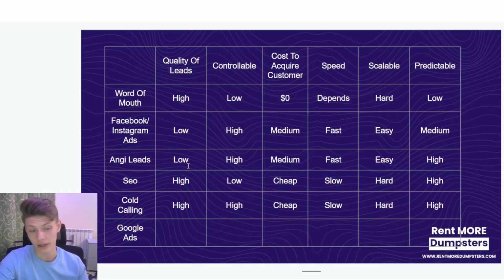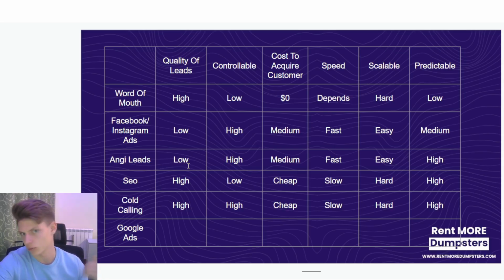When it comes to Google Ads, you want to make the most out of every single click, and that's why sometimes you might find some price shoppers, just people calling for prices, and I wouldn't say that's a quality lead. You will get those people who just want to rent a dumpster and that's it.